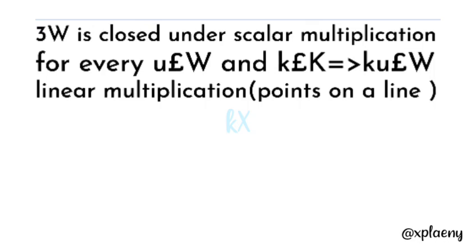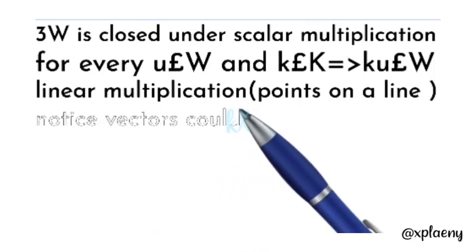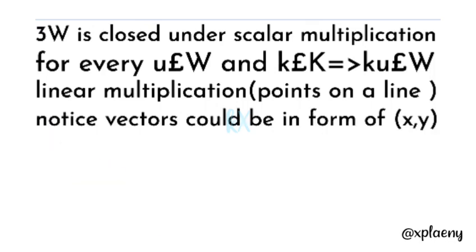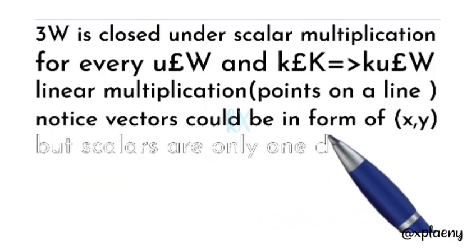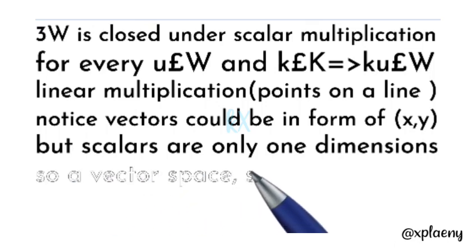Depending on the rules given in the question, take for example, when we are proving vector spaces, they can give you that k(x1, x2) equals (kx1, kx2). At the same time, they can also give you a rule like k(x, y) equals (kx1, ky1).